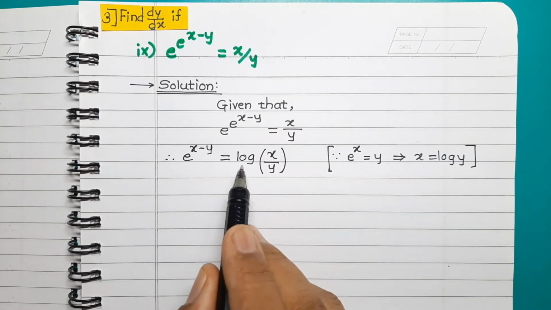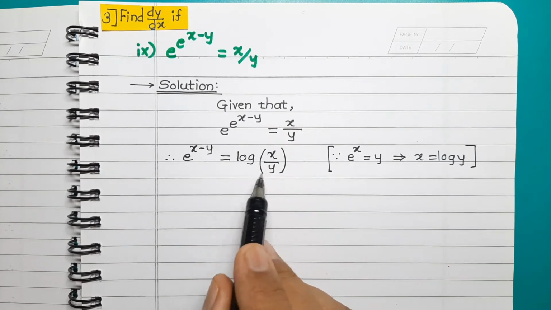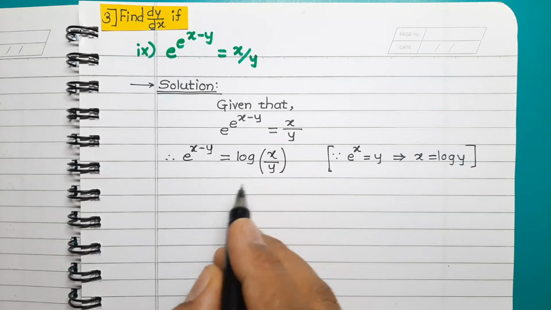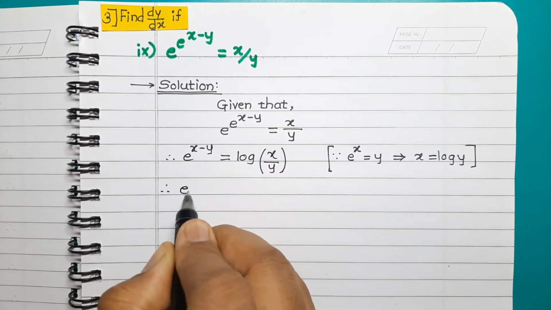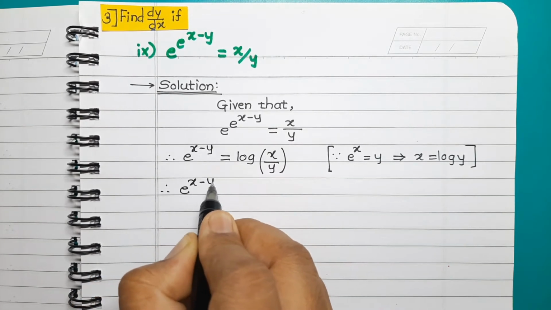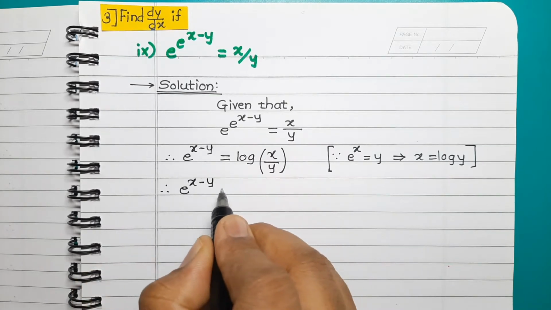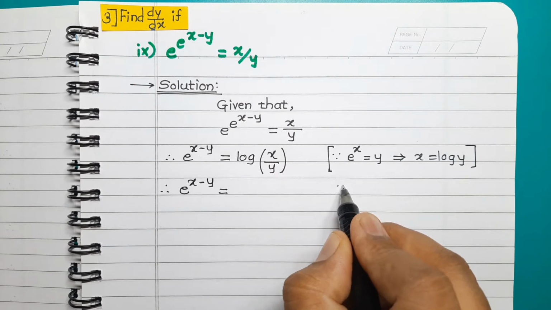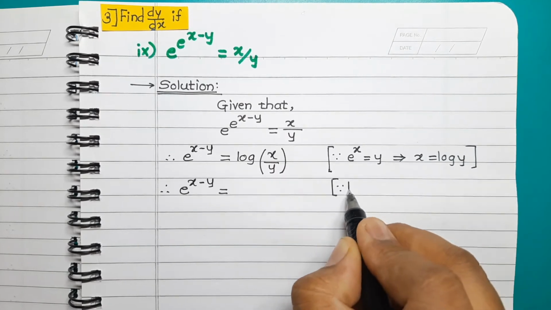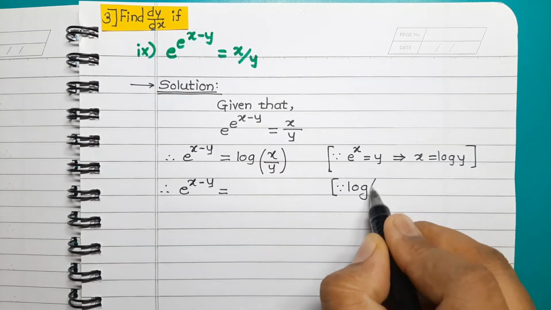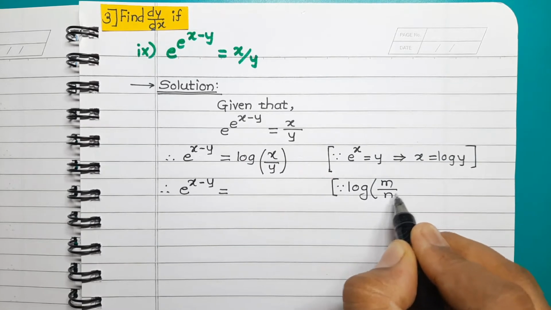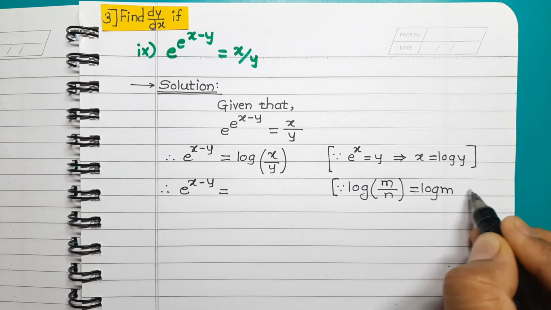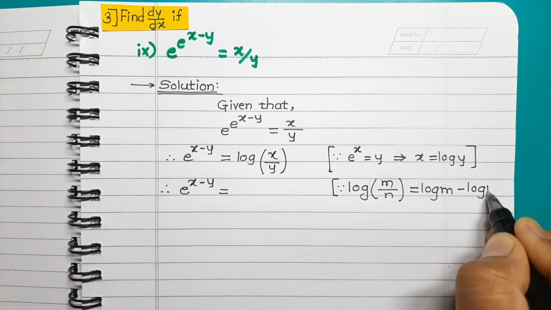Now we are going to split this logarithm term using laws of logarithm. Let's keep this term e raised to x minus y as it is, equal to, and we can write the other term using the law of logarithm, which states that log of m upon n can be written as log m minus log n.